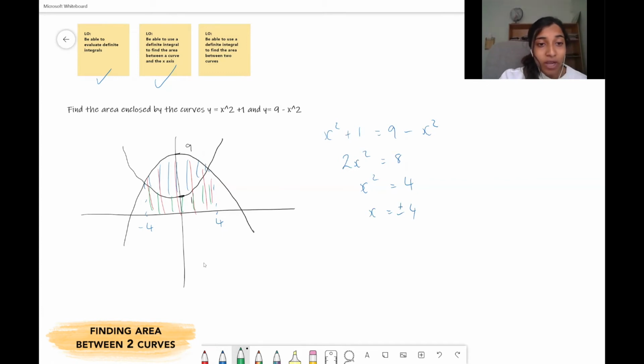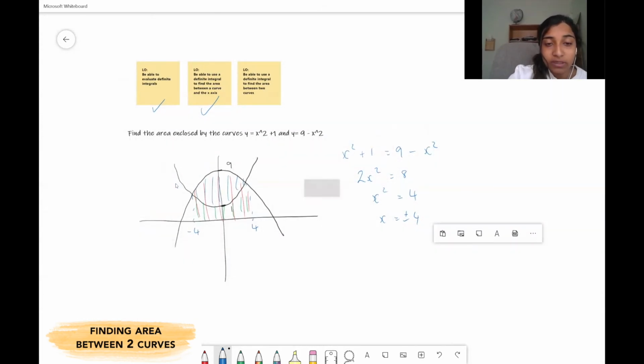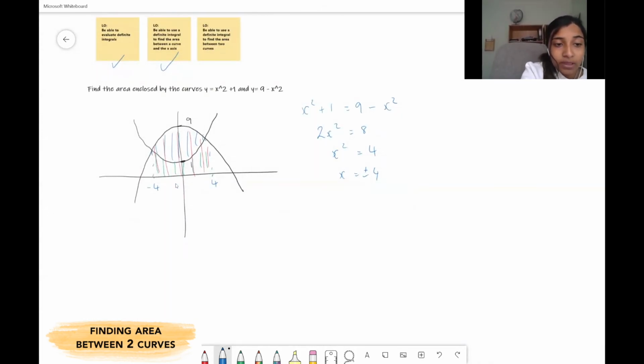So then if we were to see the red area, this whole red area, and then we minus this green area, we'd be left with the blue area here. So therefore, in order to find the area between the two curves, we can do the integral between 2 and minus 2 of 9 minus x squared minus the integral between 2 and minus 2 of x squared plus 1 dx.